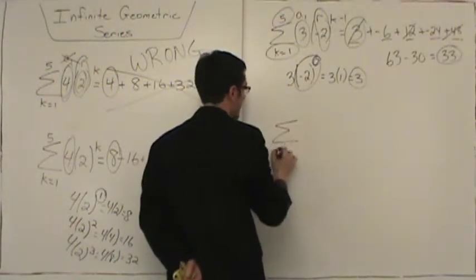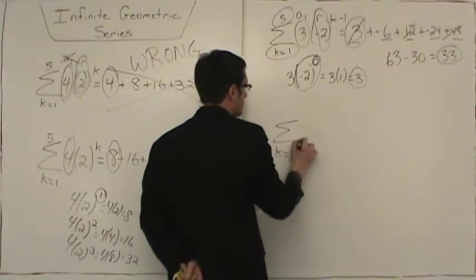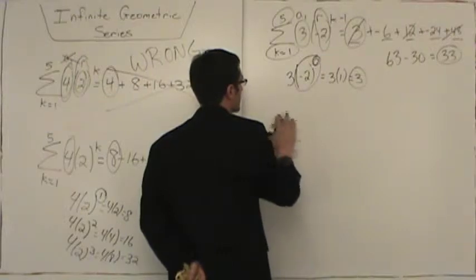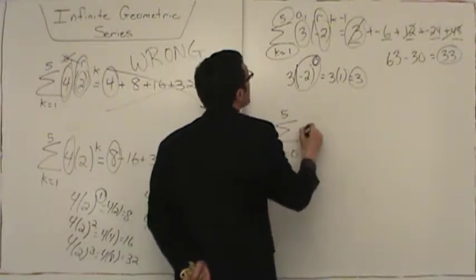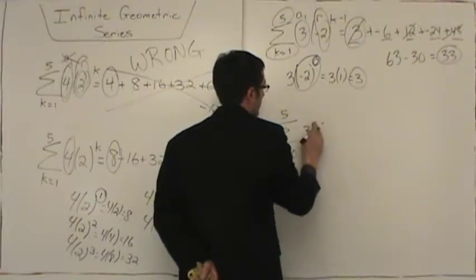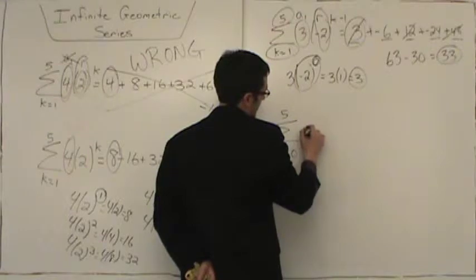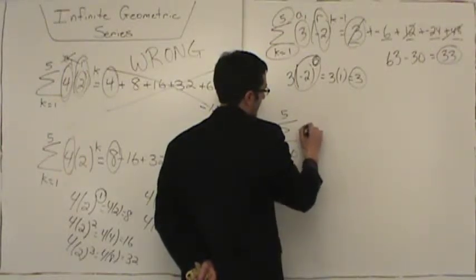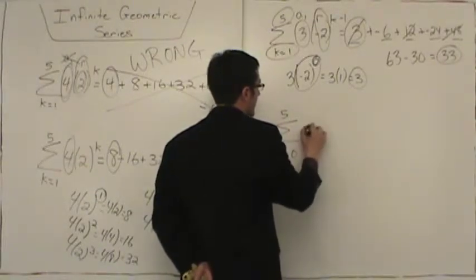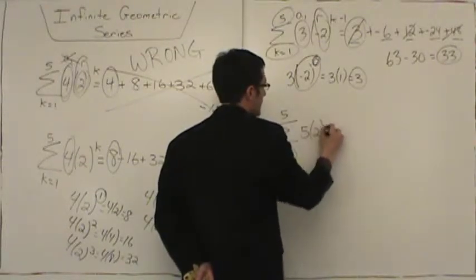Look at this. Sigma k equals 0 to 5 of 5 times 2 to the k power.